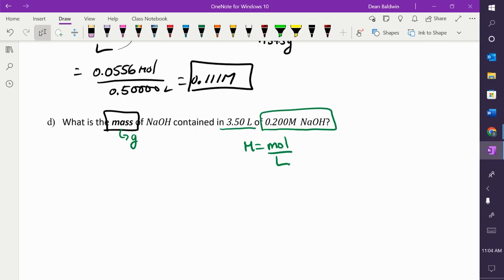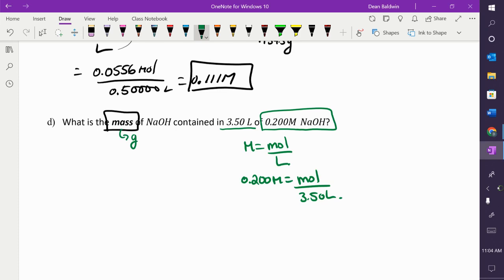Do I know capital M? It's 0.2. Do I know moles? You don't. But I do know liters is 3.5 liters. How can you calculate the moles? This is just a math problem now.